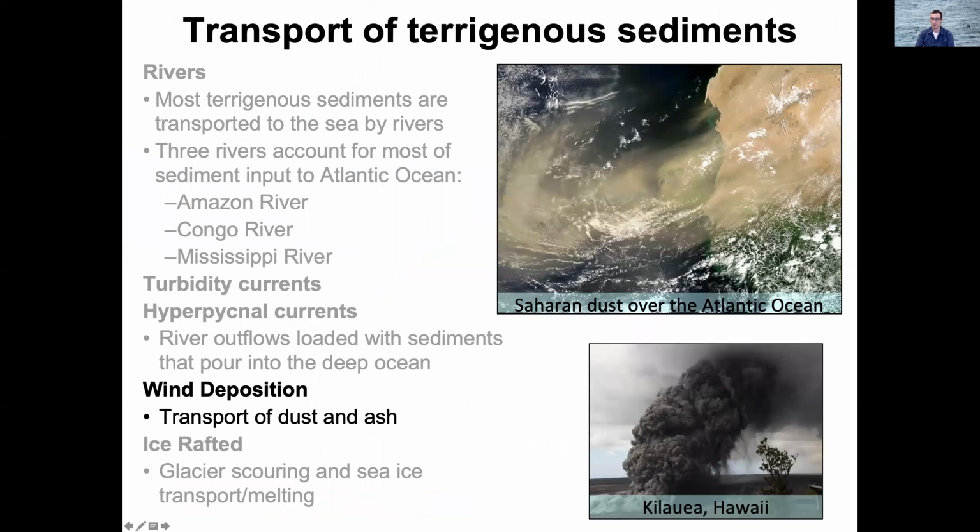So wind deposition, like I said, you can have really important dust deposition. So this is Saharan dust coming into the Atlantic. Here is evidence, or is ash from Kilauea, the volcano, depositing sediment into the ocean. And you can actually see the impact of this dust.